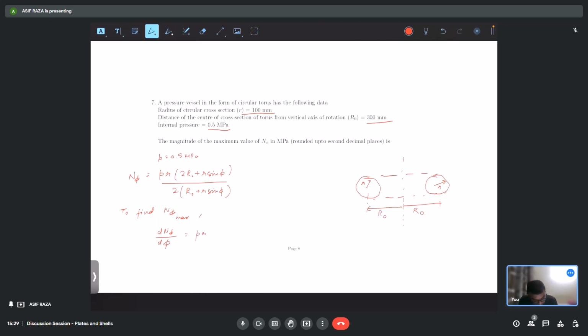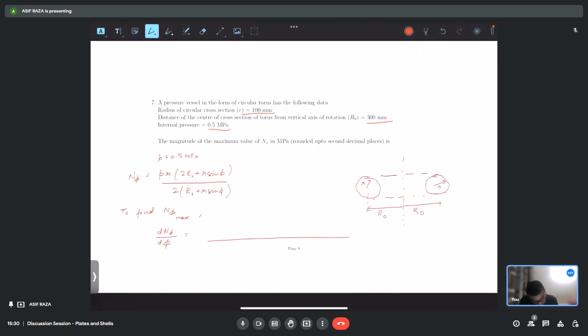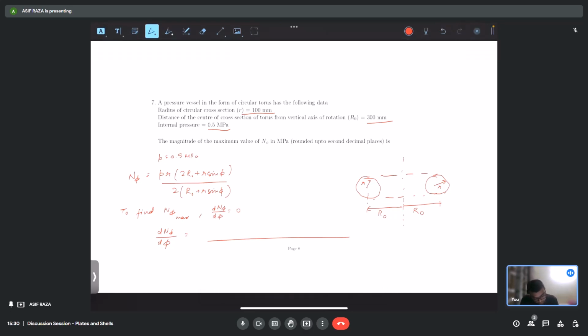So this would be equal to, if I take the numerator as P R, the denominator would be 2 R0 plus R sin phi whole square.